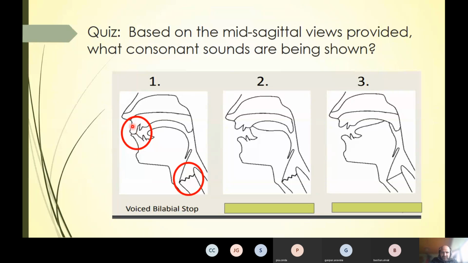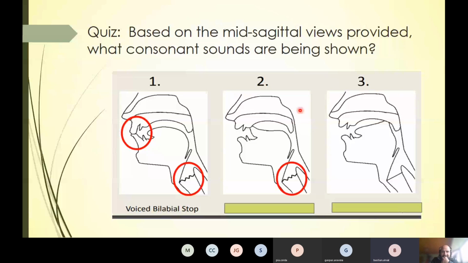Pay attention to the second one. What kind of sound do you think is produced here? Voiced, okay.